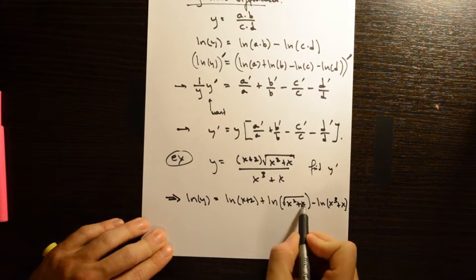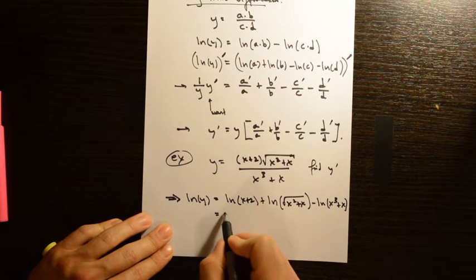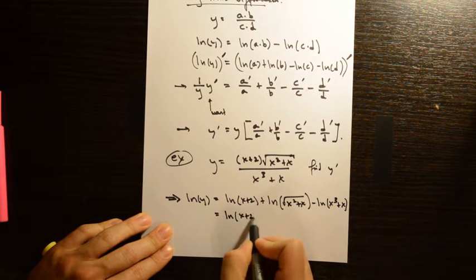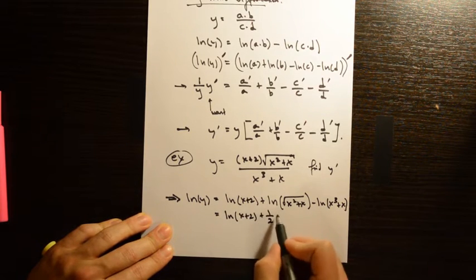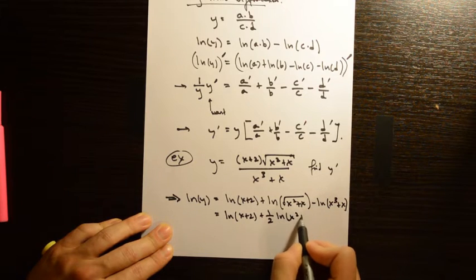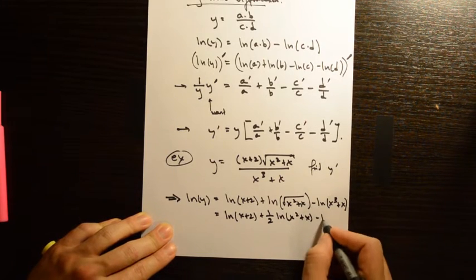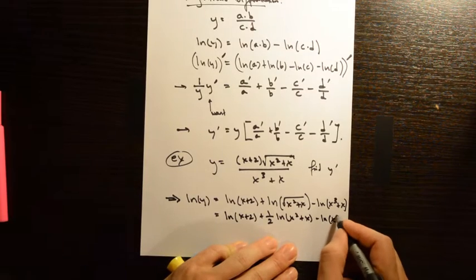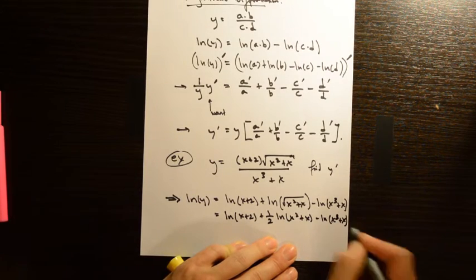Then this is x squared plus x to the 1/2, so we can say the natural log of y is equal to the natural log of x plus 2 plus 1/2 the natural log of x squared plus x minus the natural log of x cubed plus x.